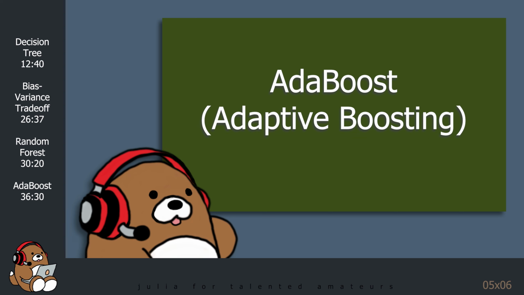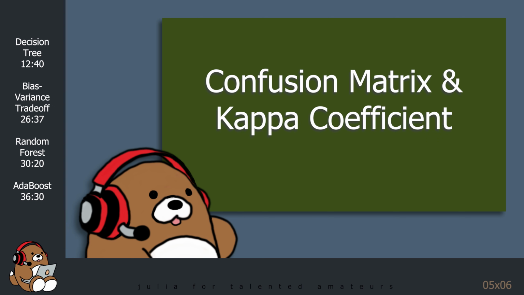AdaBoost, which is short for adaptive boosting, is a well-known implementation of boosting. Along the way, we were introduced to another analytic tool, the confusion matrix, along with the kappa coefficient, that we can use to better understand our results.